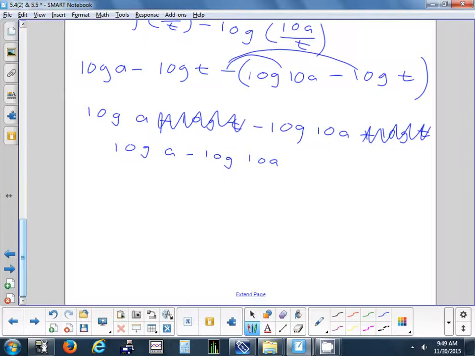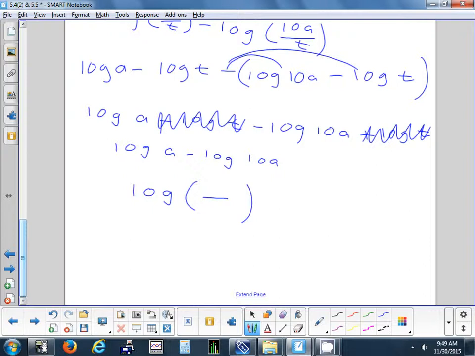So the last thing I'm going to do is put these back together into a single log. Right now they're subtracted. How does subtraction recombine? Multiplication or division? What is it? Division. Yeah, it's going to recombine as division.